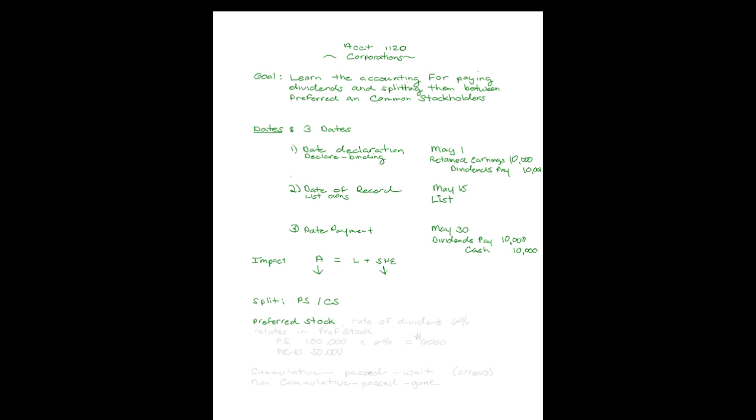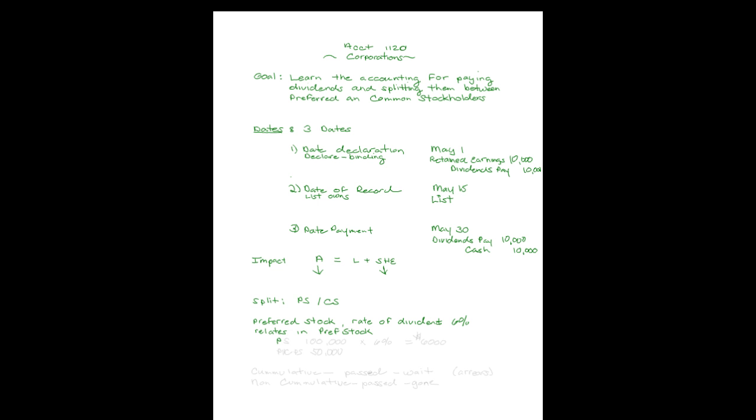When preferred stock's issued, it has a rate listed right on it and it's a rate of dividend payment. It's usually around 6%. And it says rate of dividend, and we'll assume 6% in our example, and it's understood that that rate relates to the balance in the preferred stock account. It does not relate to the contributed capital paid in excess of par for preferred stock. It just relates to the preferred stock.